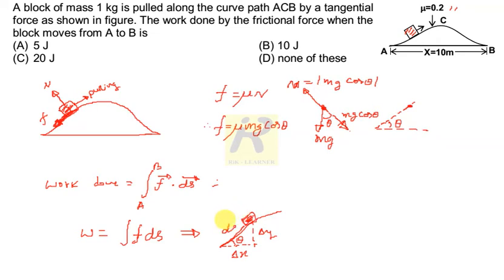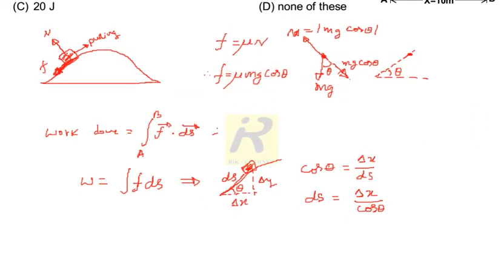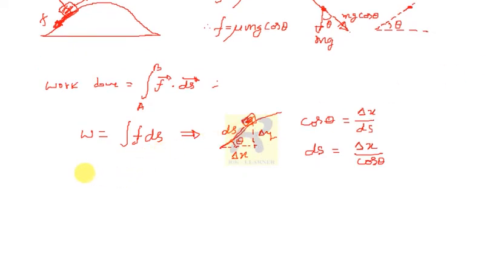I call this ds because we are finding the work done along this path. So we can simply calculate cos theta. Cos theta is delta x divided by ds. In order to get ds, we write ds is equal to delta x divided by cos theta.